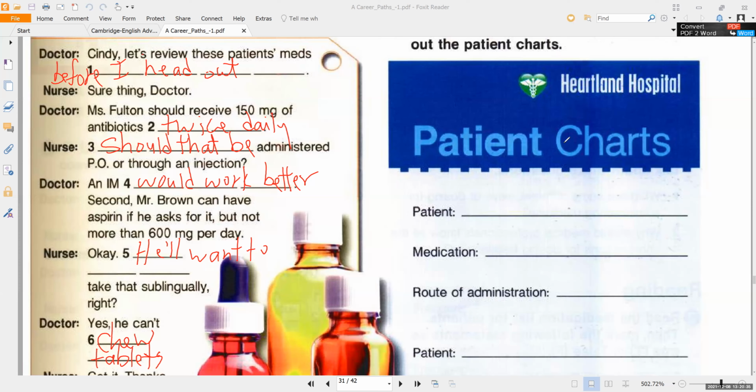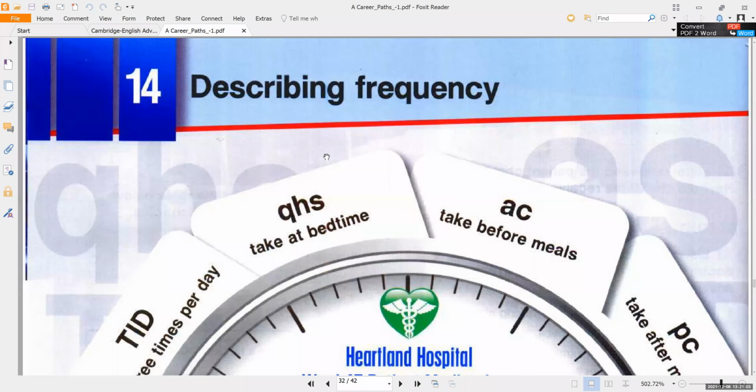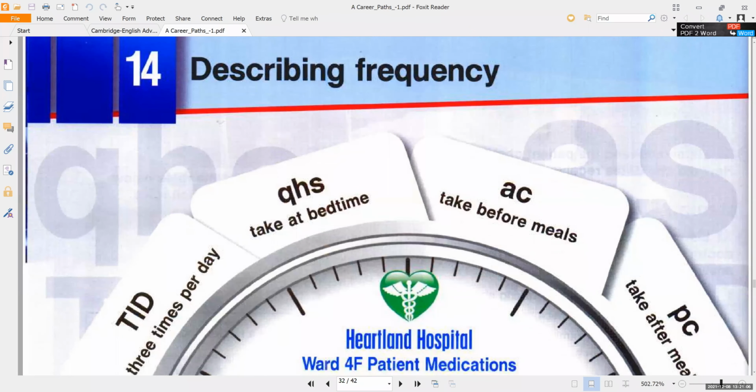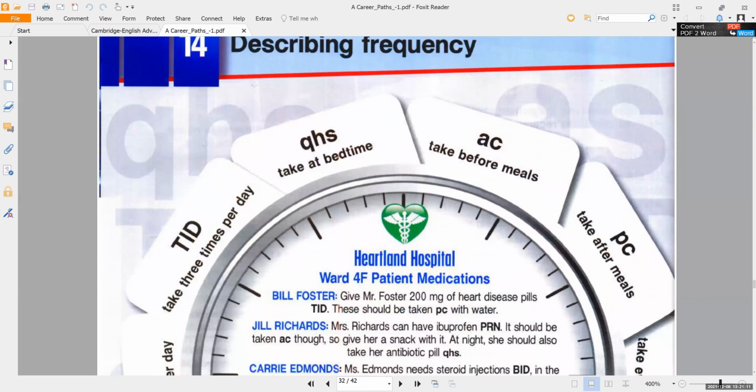So this is the conversation between, as you listened, a doctor and his nurse about administering the medications to their patients. Now, after we finish medication administration, we are going to move on and talk about how to describe the frequency of these medications.